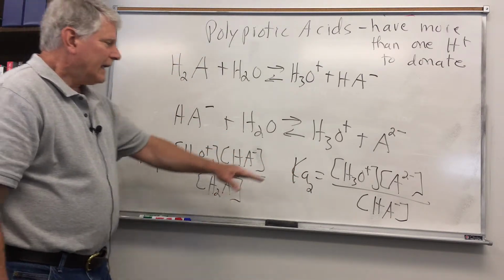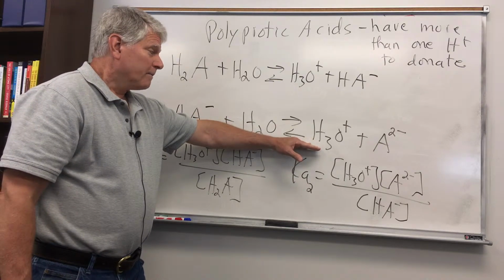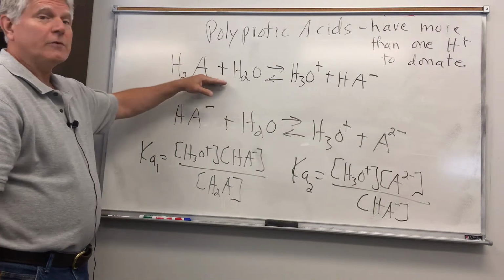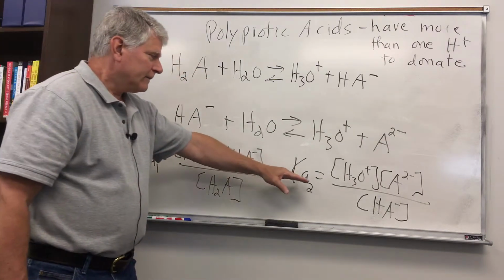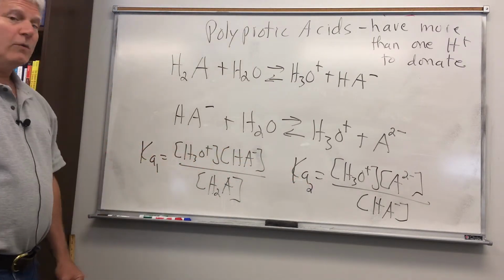And usually Ka2, the subsequent reactions, are much less than the first reaction. So as a general rule, Ka2 would be much less than Ka1.